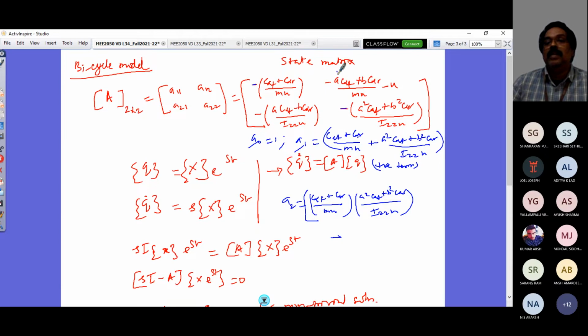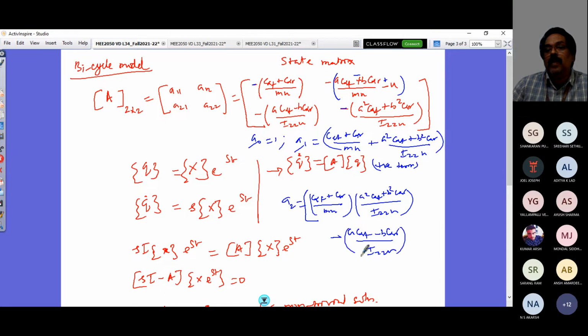So if I take this minus of this minus this plus, plus, and I would have this (A C alpha F minus B C alpha R) by I Z U into this term, that is (A C alpha F minus B C alpha R) by mu plus u.